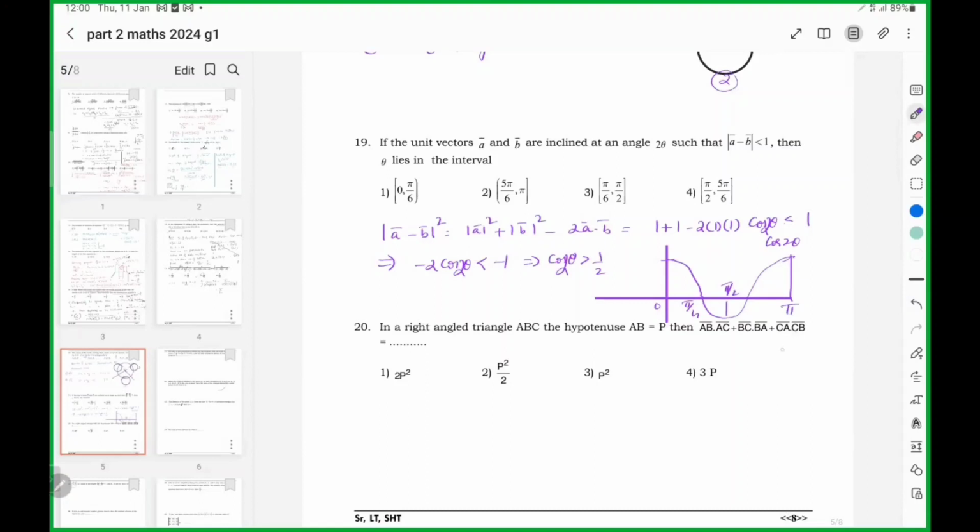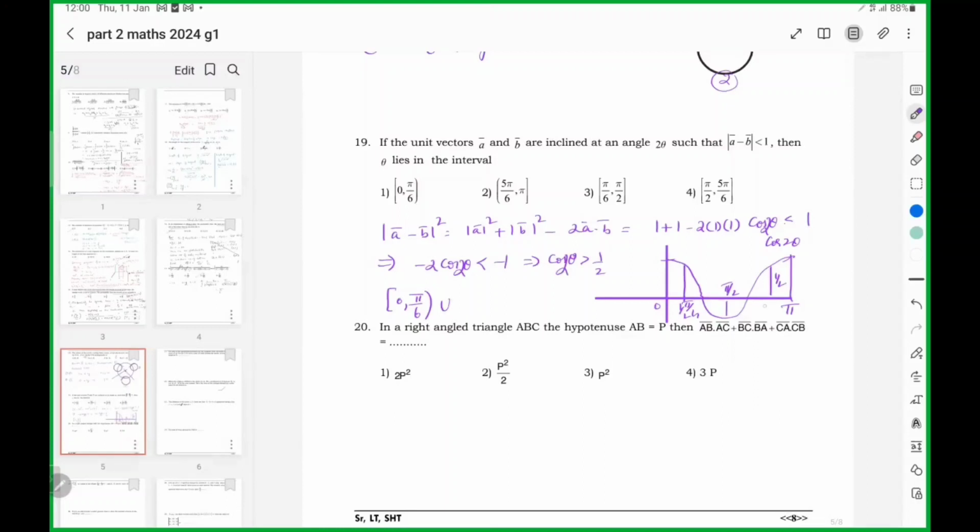So now mod of a minus b less than 1, cos theta half, somewhere half. Here also half will be there. So it is 0 to pi by 6. Here it is more than half.